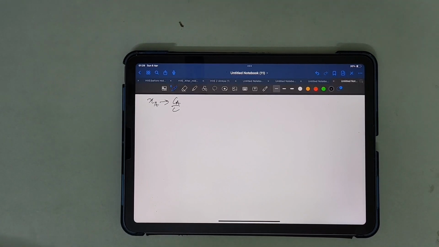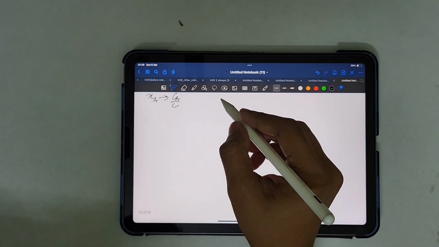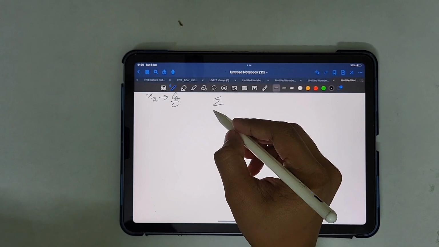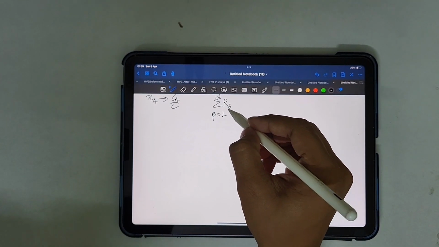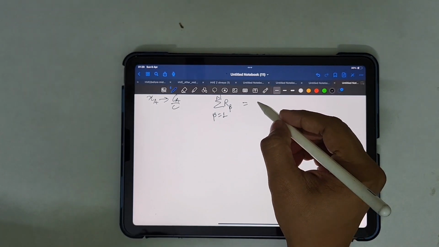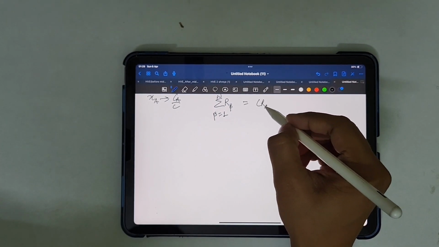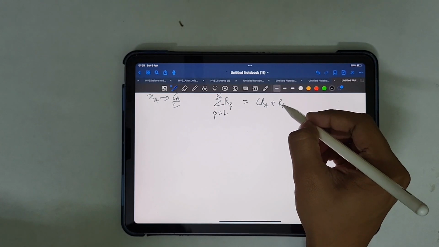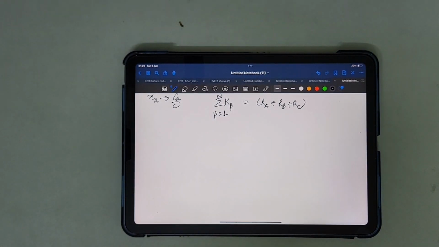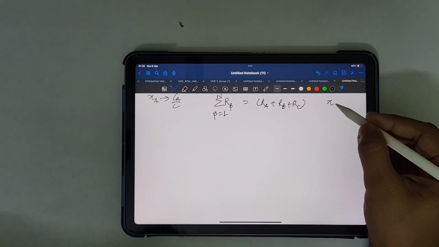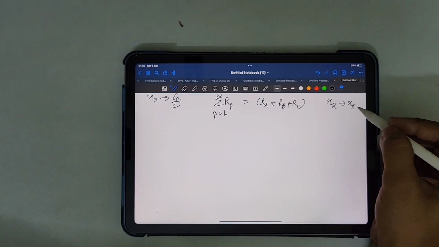The term summation beta equal to 1 to n of r beta becomes RA plus RB plus RC, as beta is from 1 to n and n here is 3, the components A, B and C. Also X alpha becomes XA.